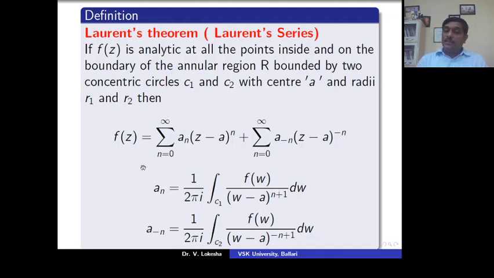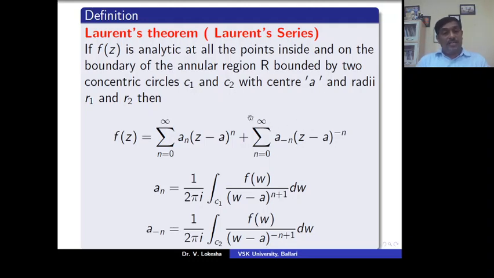Here we can express f(z) with n from minus infinity to infinity, a_n into (z minus a) to the power of n. Here there are both positive as well as negative terms of the series. If the negative terms become 0, this Laurent series expansion reduces to a Taylor series expansion.